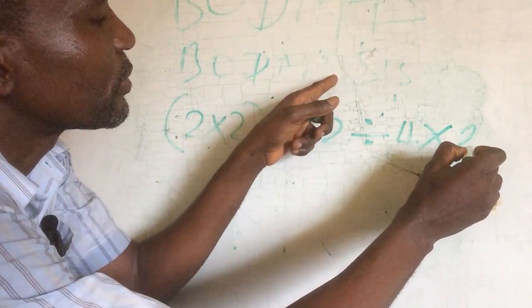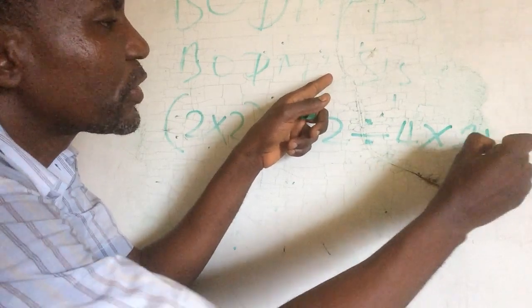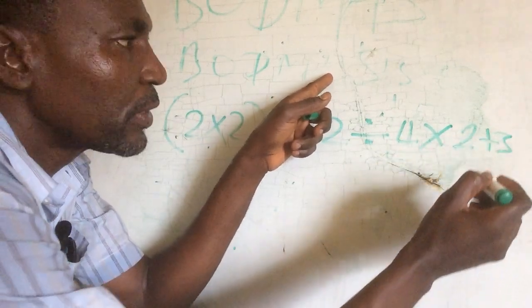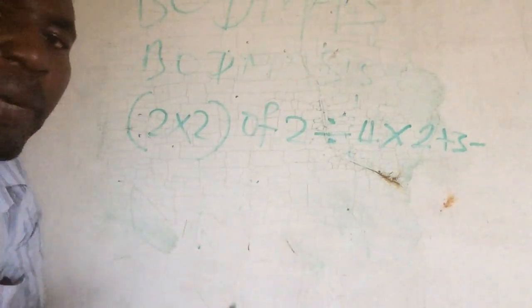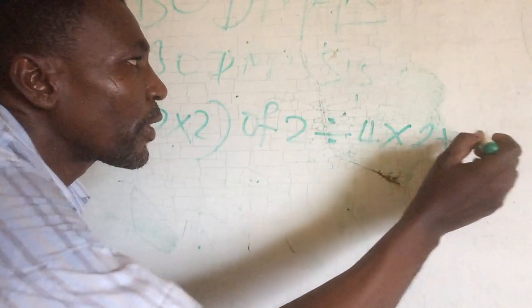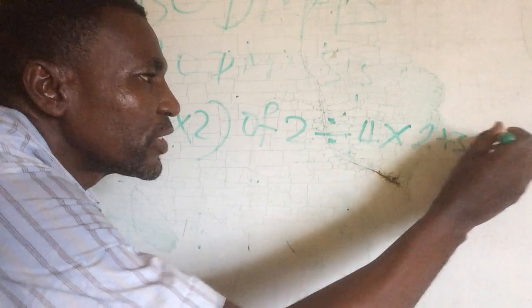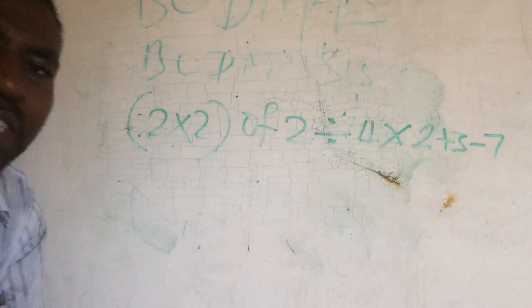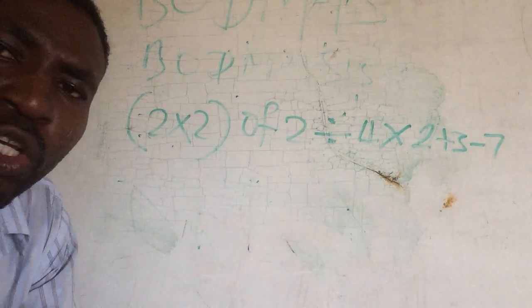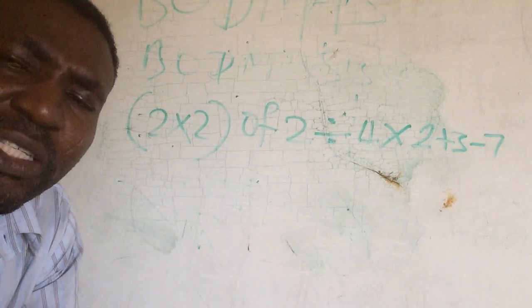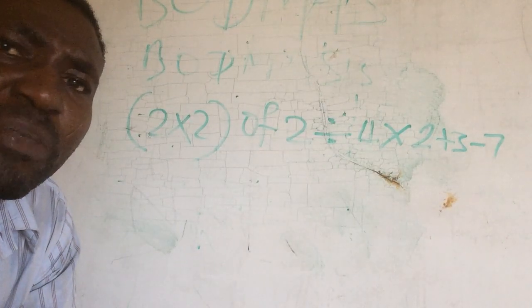See addition, plus 3. See subtraction, minus 7. Guys, you see a math that contains all these things. What do you do? You just remember your BODMAS. What does my BODMAS say?